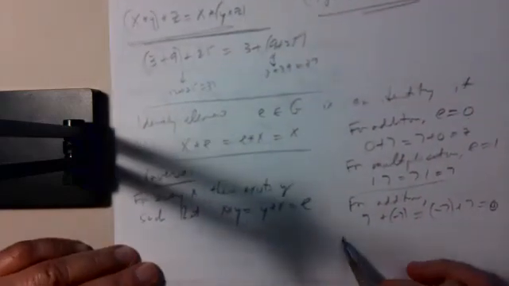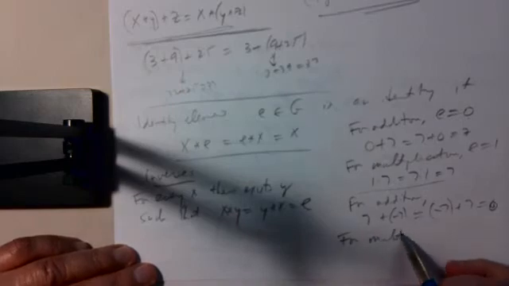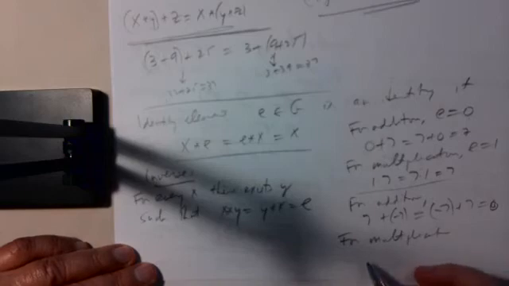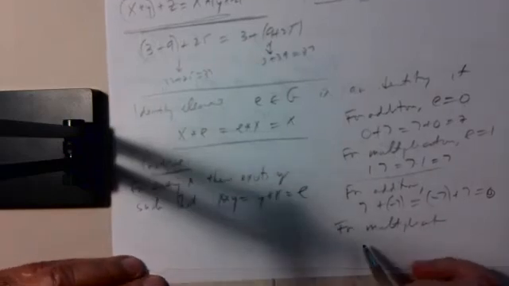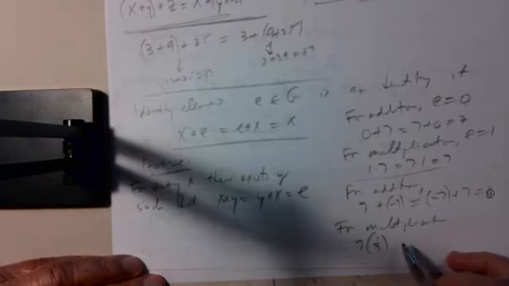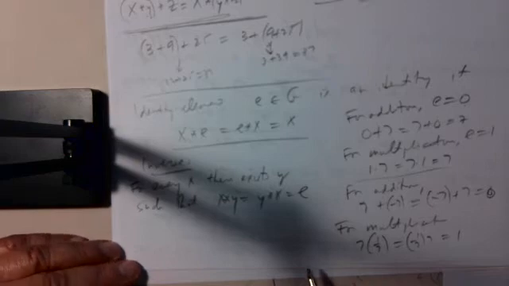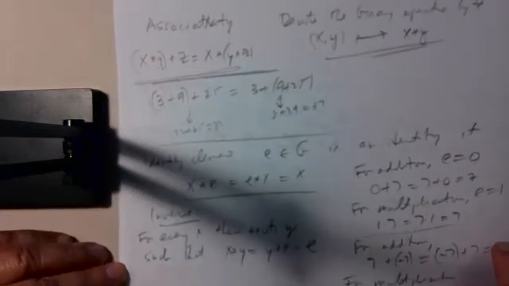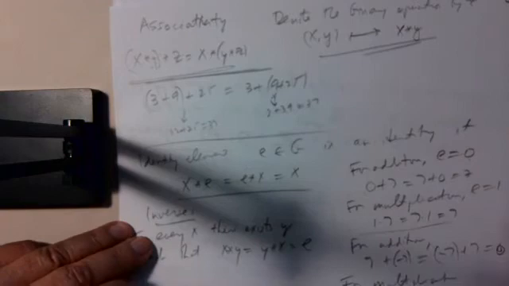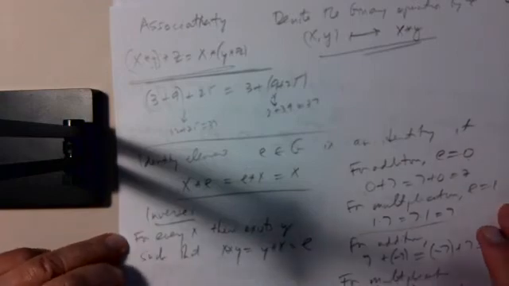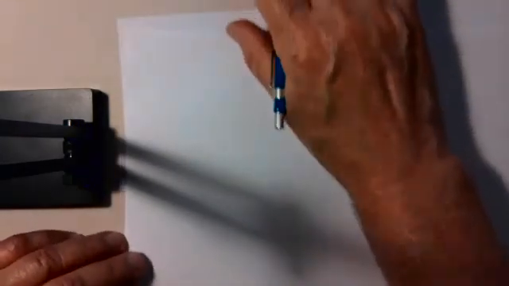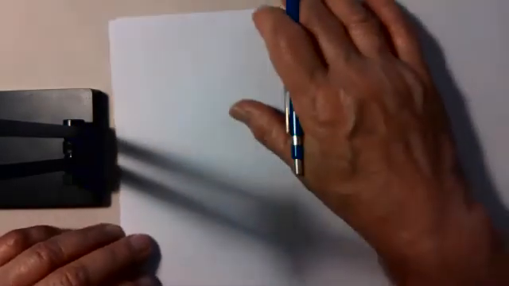For multiplication of real numbers or fractions, the inverse of 7 would be 1/7. 7 times 1/7, or 1/7 times 7, is equal to 1. So this is just giving a name to what you already know in the most important cases.